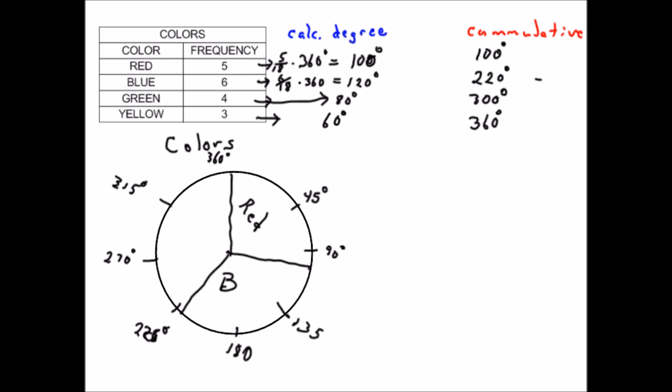Blue. Then the next one ends up at the 300, which is about right there. And that is the green. And then the very last amount is the yellow.